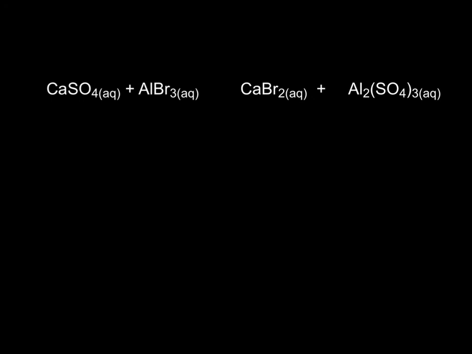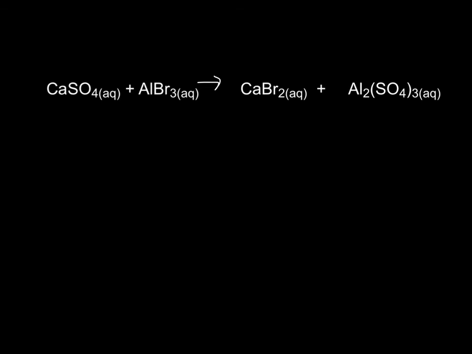All right, let's take a look at our third example here. Here we've got calcium sulfate reacting with aluminum bromide to produce calcium bromide and aluminum sulfate. If we start counting, we have 1 calcium on the reactant side, 1 calcium on the product side, 1 sulfate on the reactant side, but 3 sulfates on the product side.